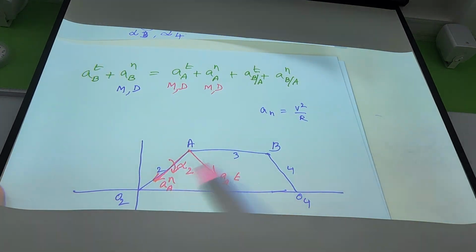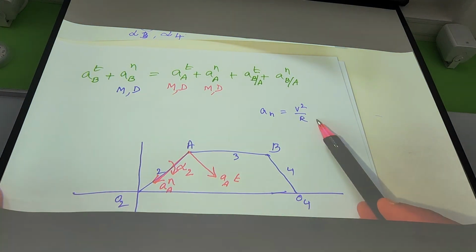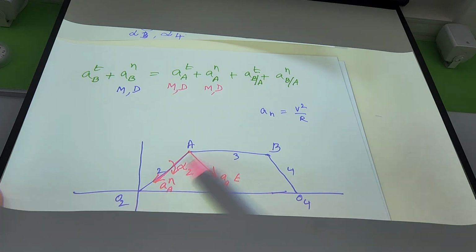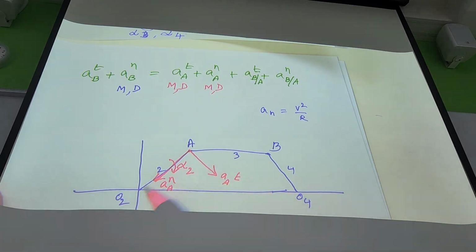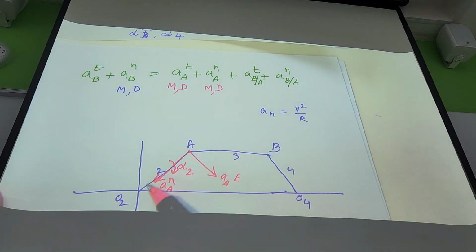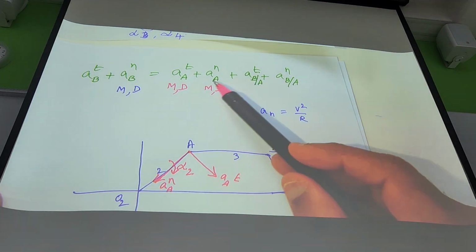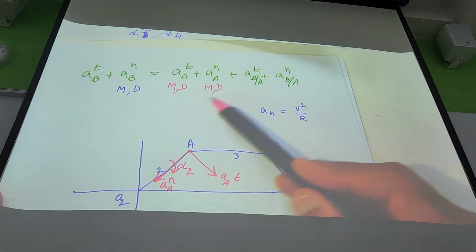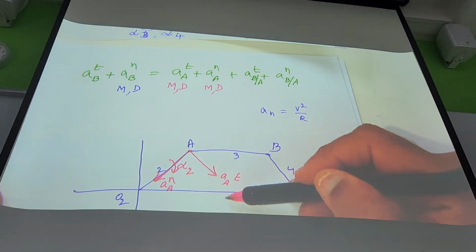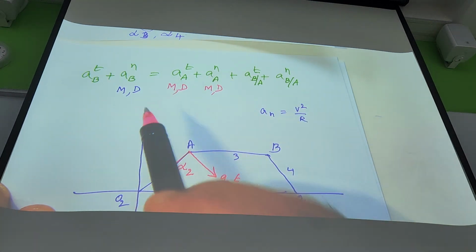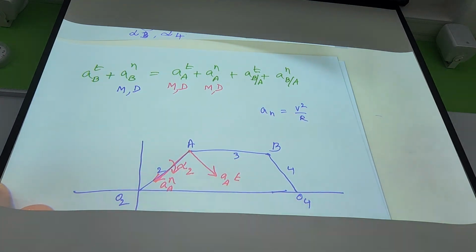The magnitude is simply v squared by r, so velocity of A squared, where r is the length of the link. The direction is along the link O2A. The tangential is perpendicular to the link direction. The magnitude is simply alpha into r.